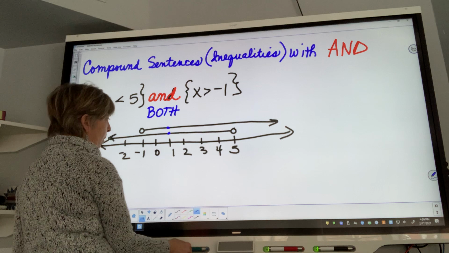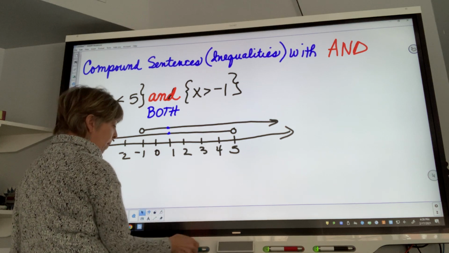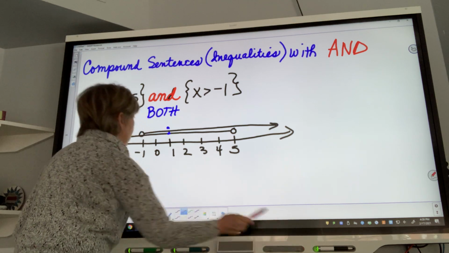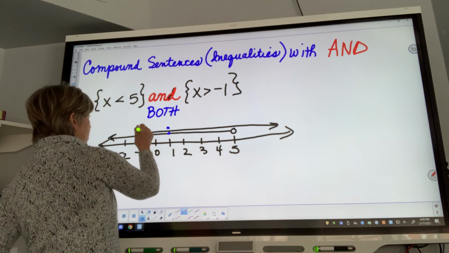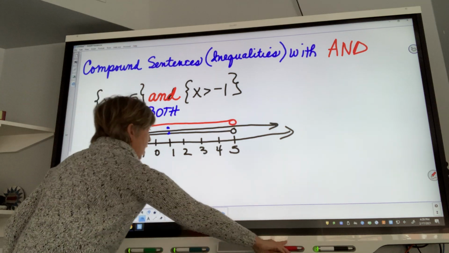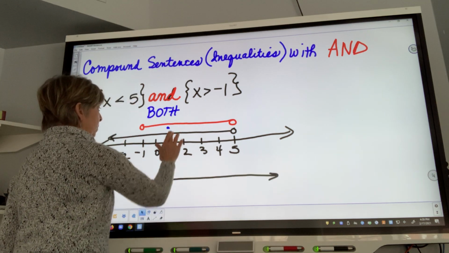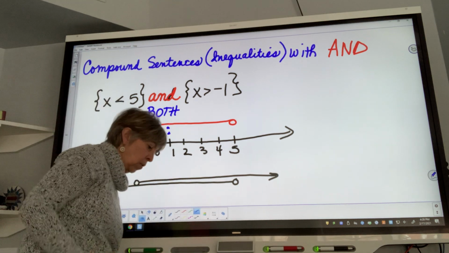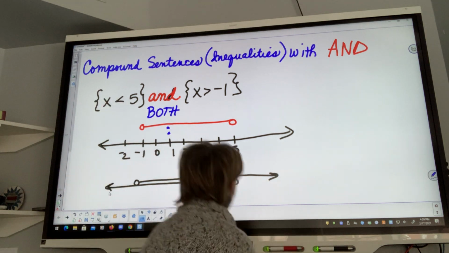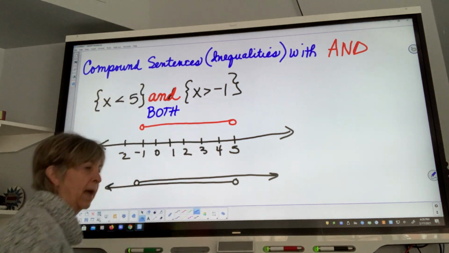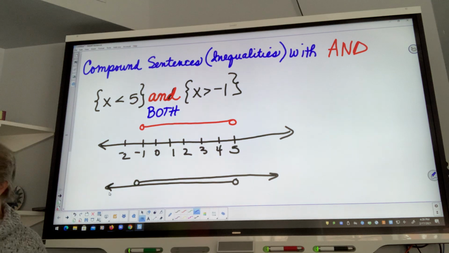So that's a number that's in both of them. And in fact, the kids could figure out that it would be all the numbers between -1 and 5. So my final answer is really just going to be the numbers between -1 and 5. Is that okay?